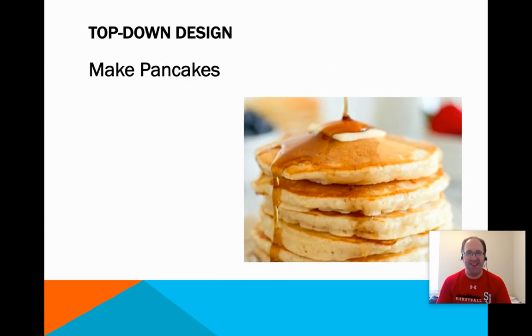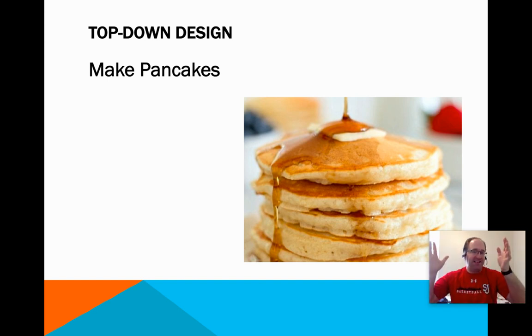Okay, and here's an example of what exactly we're trying to do with abstraction. I don't know about you, I love breakfast. Breakfast is my favorite meal of the day. If I can have breakfast for dinner, I often do. So maybe our program's point here is to make pancakes. Make pancakes is a much larger idea.